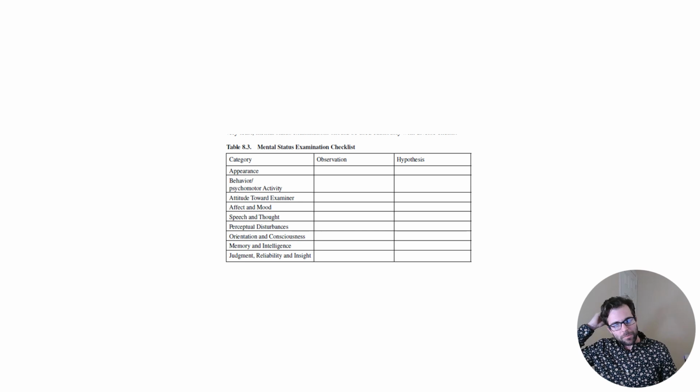Speech and thought is if the words are coming out at a normal rate, volume, and prosody. If somebody's talking really fast, you'd say pressured speech. Then their ideas and thinking, if it makes sense, you'd say it's a logical and coherent thought process. But they might talk about one thing and then quickly sidetrack. You would say they're having tangential thoughts because they're going from one tangent to another.